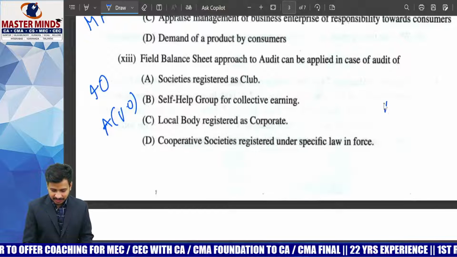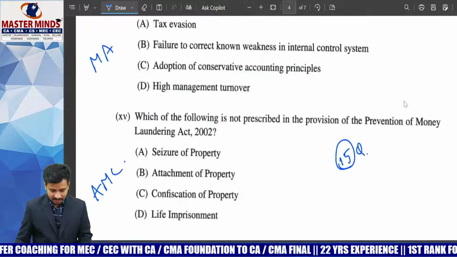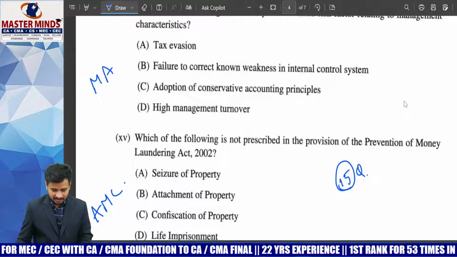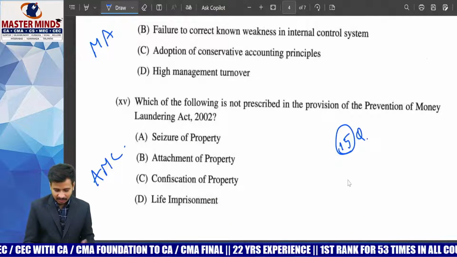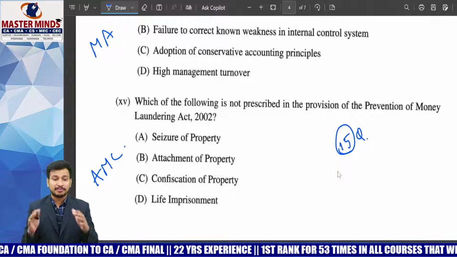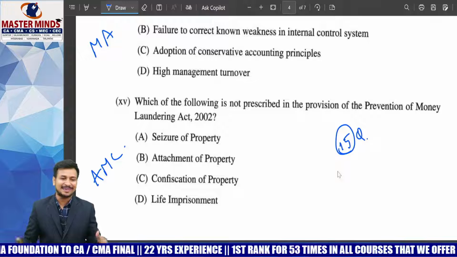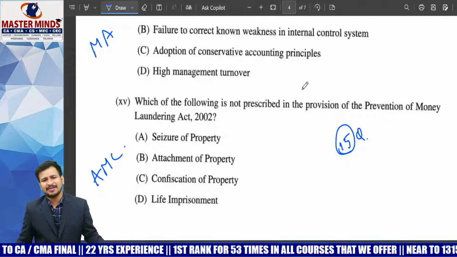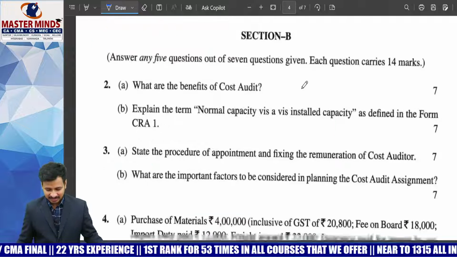And one is from internal audit. And again, this is management audit and one is anti-money laundering. So to tell you, if you prepare cost audit, more than 50% of MCQs you can comfortably answer. You'll get 8 to 9 out of 15 MCQs and you can happily answer them.